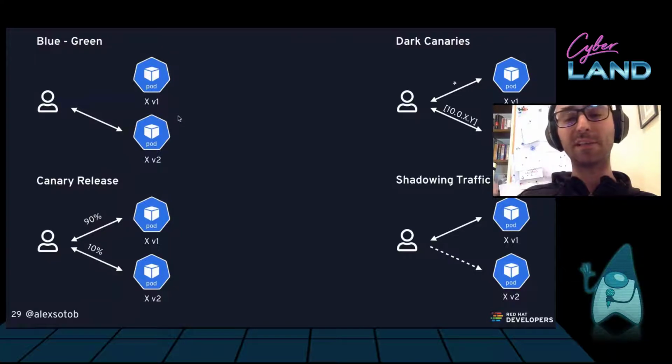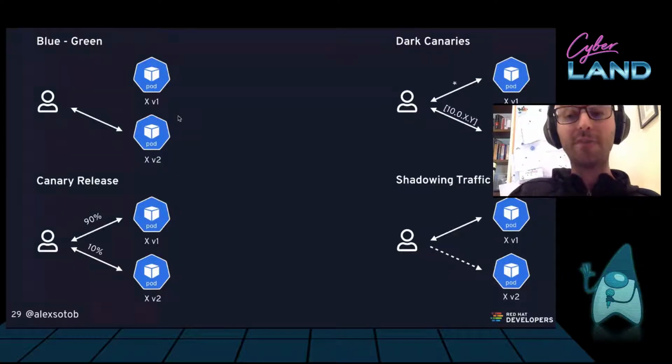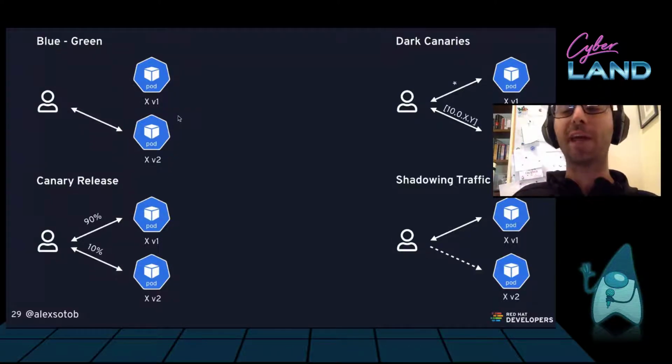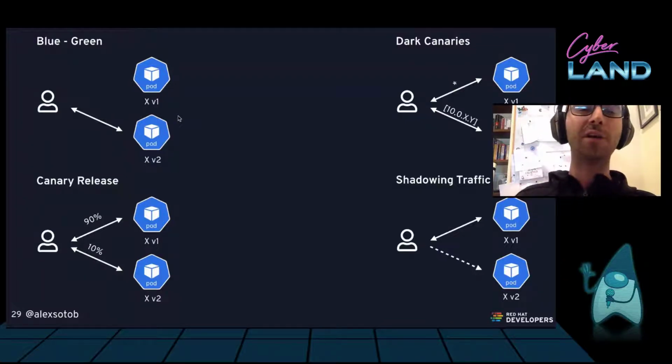This is because service V1 is receiving the request and sending the response, and this response is the one that is going to be sent back to our clients. But the second one, the dashed one that goes to version 2, is a fire and forget request. It sends the request, but we do not care about the response. It's simply ignored. It's really useful when you want to release a new version to check if there is any kind of regression.